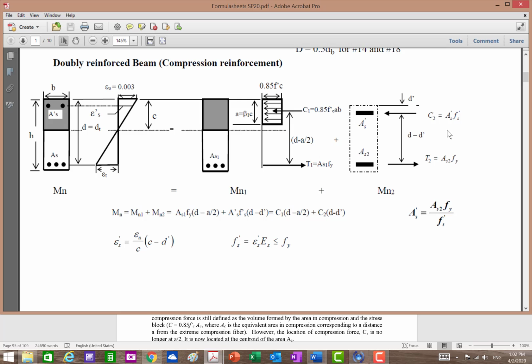We make these two equal, we get this formula, and this is how you find your area of steel. First, we find how much we can carry with the AS maximum. So this AS 1 is your AS maximum. Find the moment that you can carry with AS maximum, that's your M1.